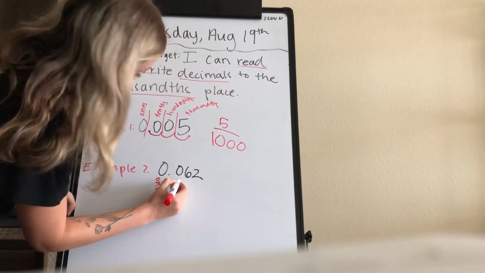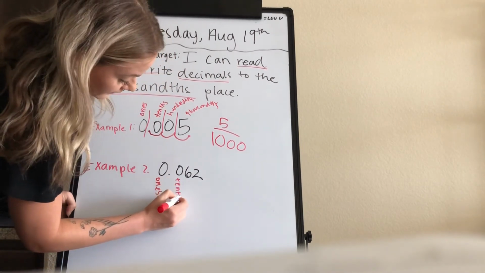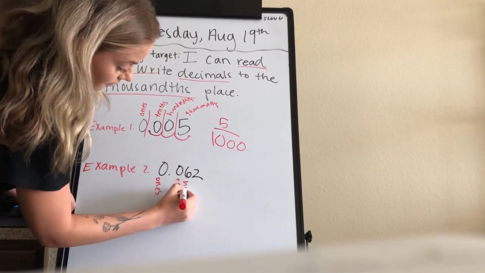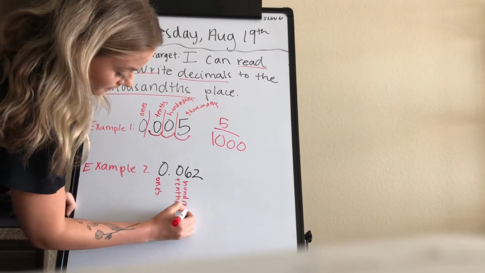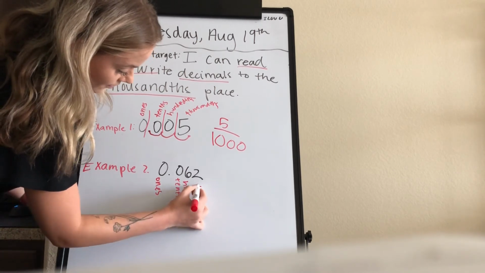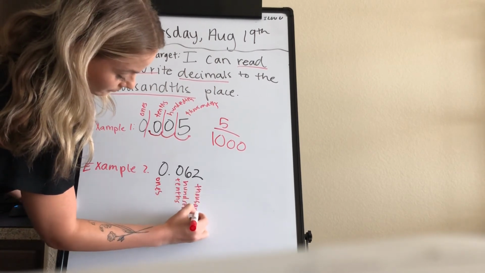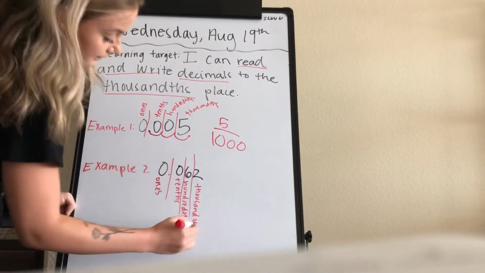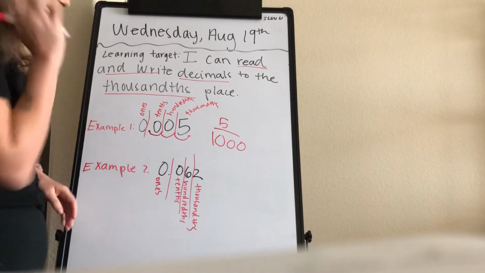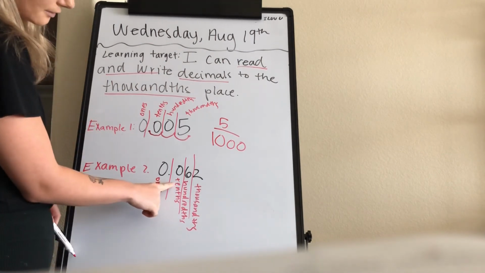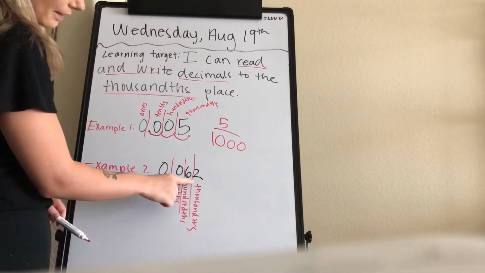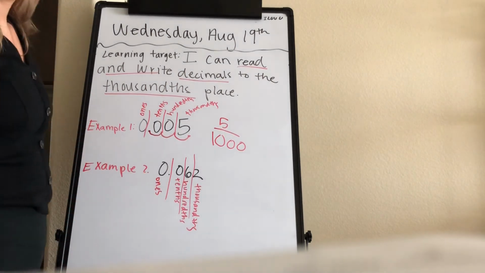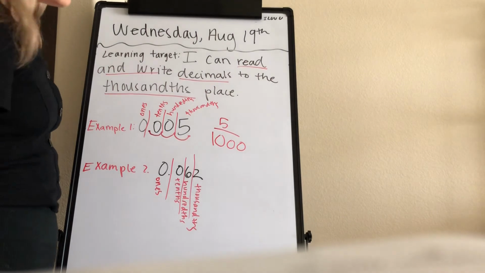Then we have our tenths place, T-E-N-T-H-S. Then we have our hundredths. And we have our thousandths. Let's just divide these up like this so we can easily see. So we have a 0 in the tenths, a 6 in the hundredths, and a 2 in the thousandths.